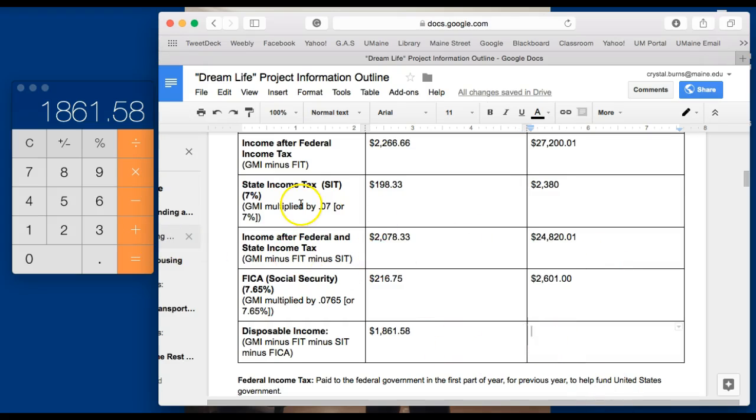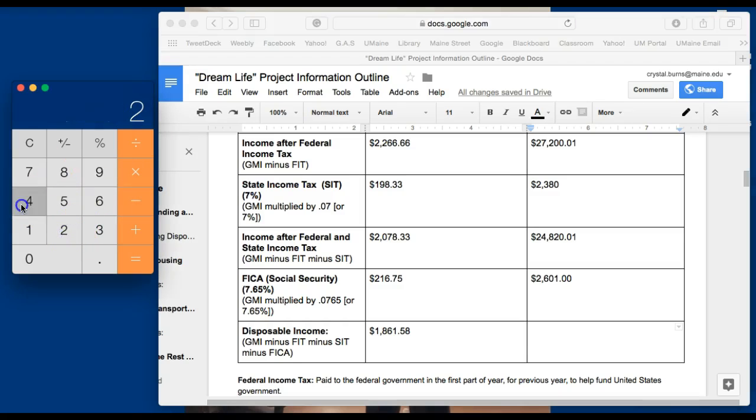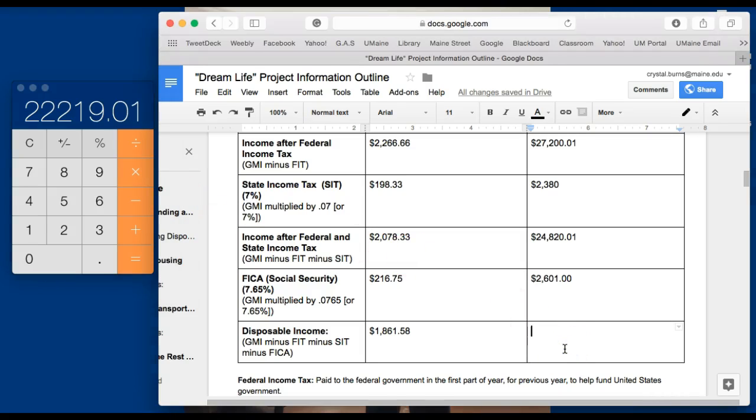And then over here, I'll do my 24,820.01 minus 2,601 to be left with $22,219.01.